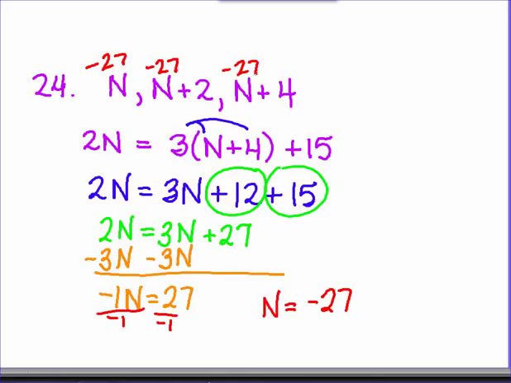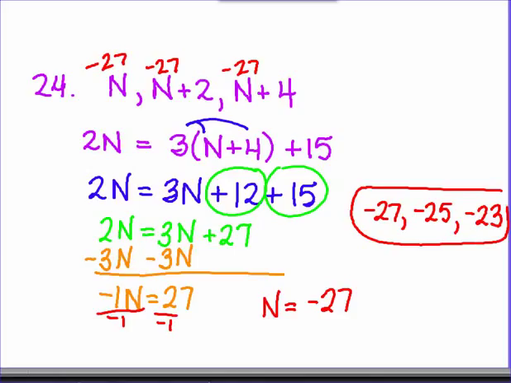My three integers, first one, negative 27. Next one is negative 27 plus 2, which is negative 25. Then negative 27 plus 4, negative 23. So there you go.